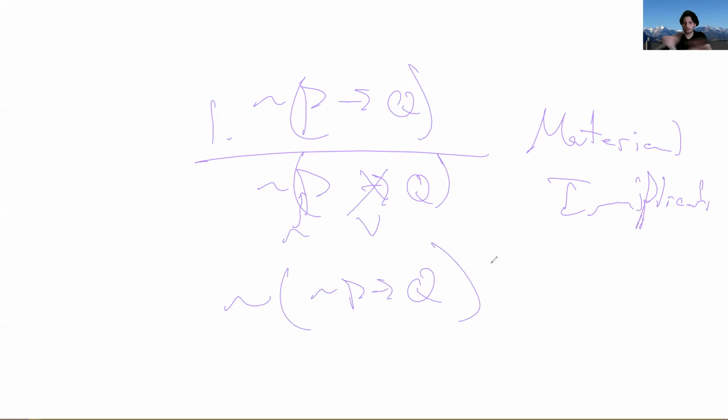It has no idea what happened. We just noted that this is exactly the same as this, so we just decided to swap it out.